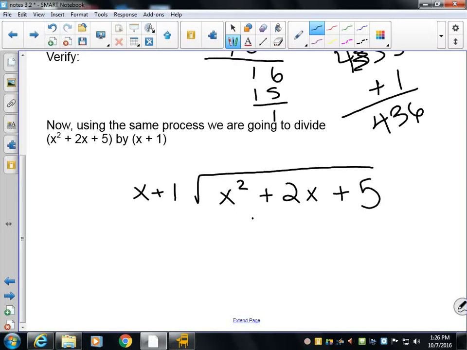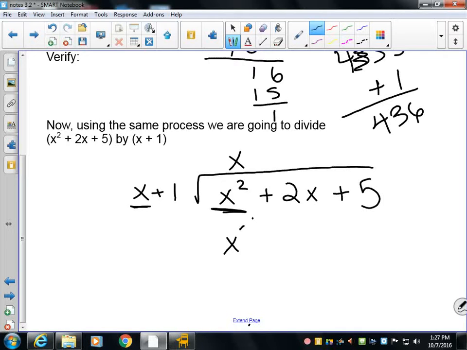So this is where we have some fun. So what can we multiply by x plus 1 to get x squared? We just worry about the first one. What can we multiply x by to get x squared? Another x, right? Because x times x is x squared.